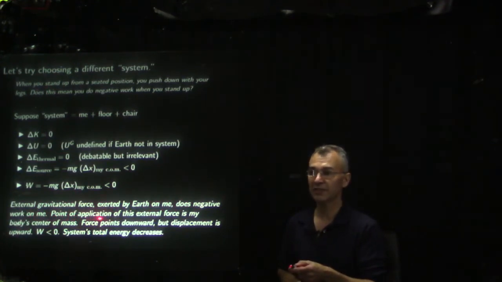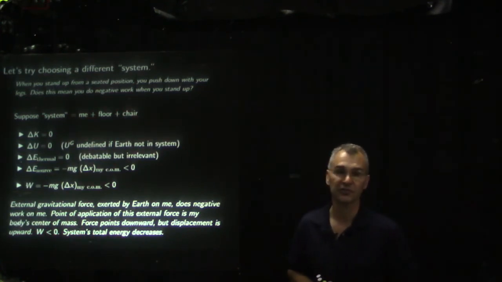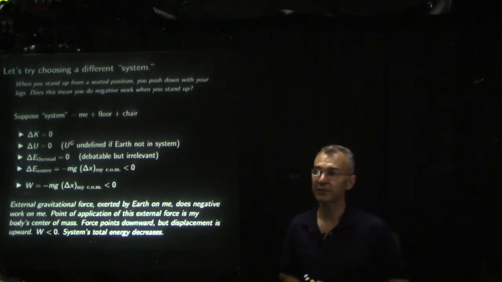The point of application of this external force is my body's center of mass. The gravitational force exerted by Earth points downward, but the displacement of my center of mass is upward, so the work is negative. So the system's total energy decreases. That would seem to be the second answer on that previous slide.